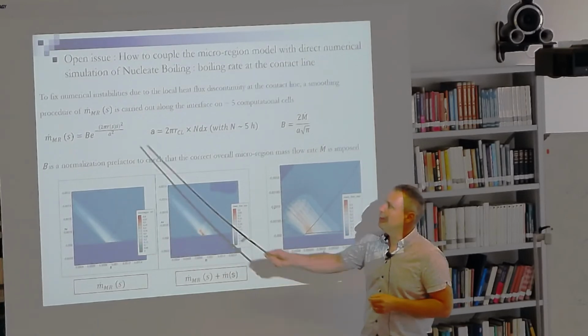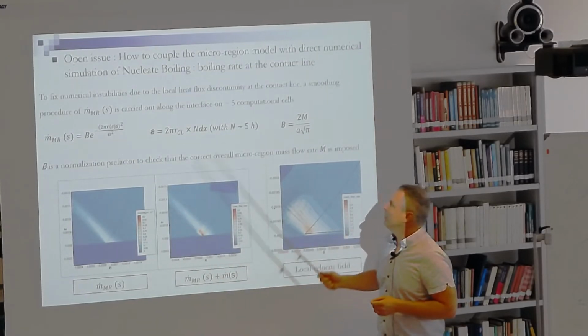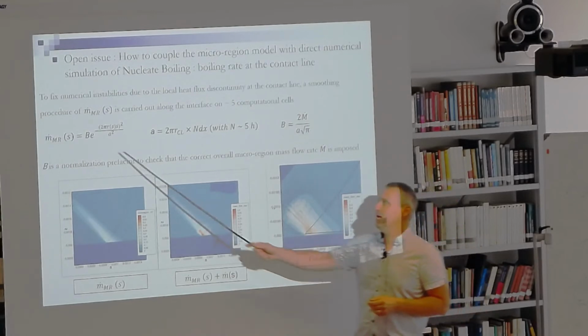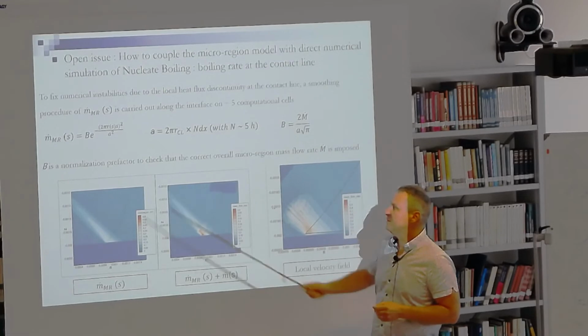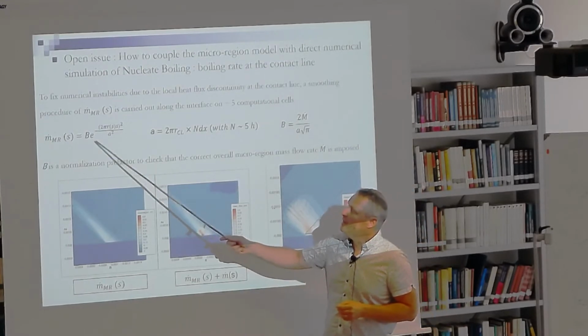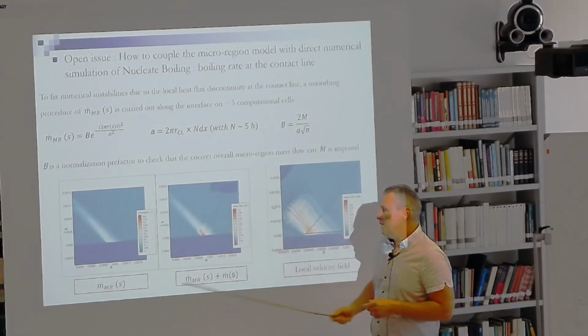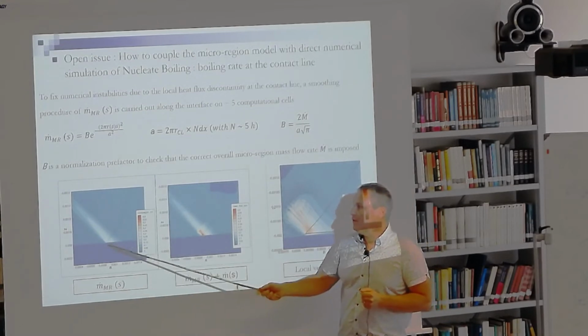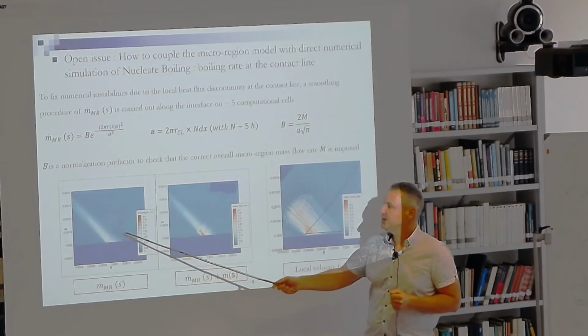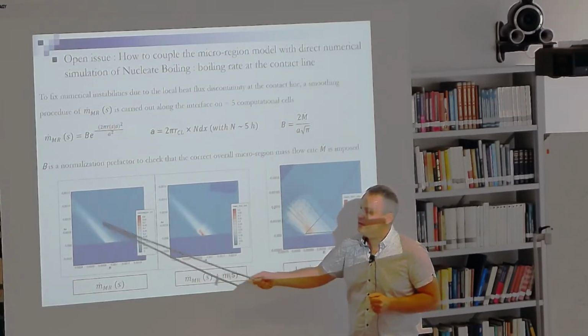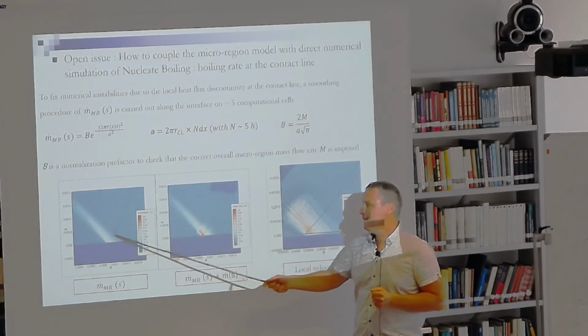The smoothing is performed with a Gaussian function, and we ensure that the total microregion heat flux that has to be imposed is maintained, is conserved. And here we have a distribution of the microregion heat flux along the interface, which is also prolongated along the normal at the interface.